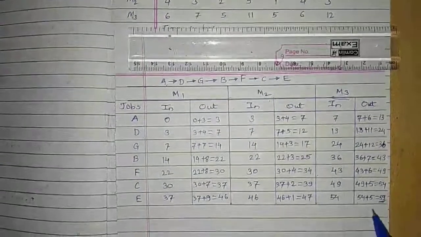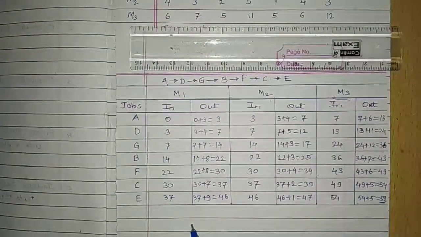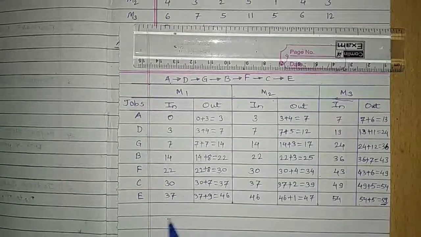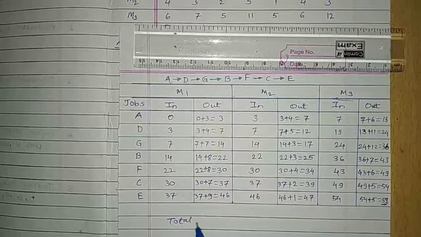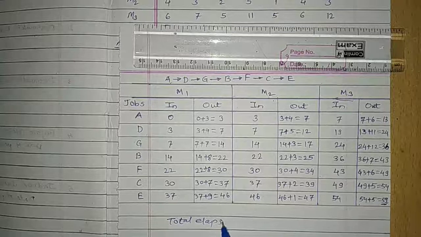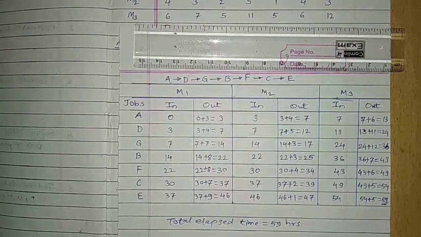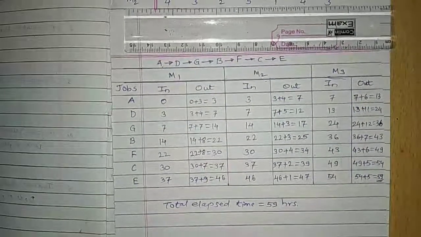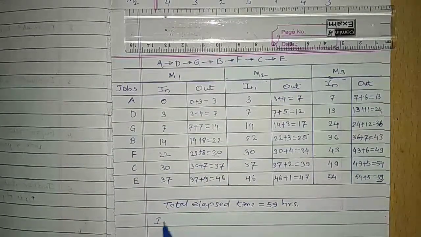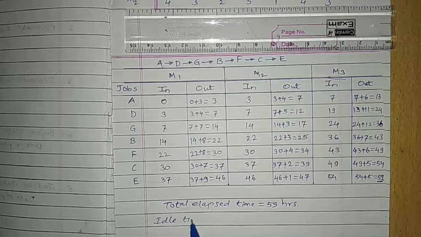So total elapsed time equal to 59 hours. Okay. Now let us calculate idle time for each machine.